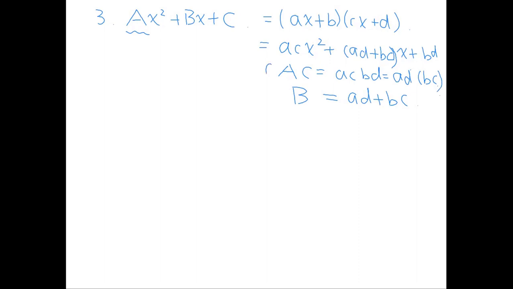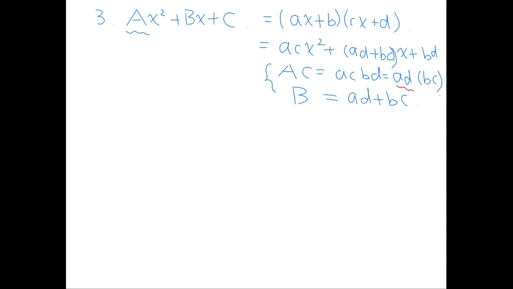So from these two equations, we try to find two numbers. One is AD, the other one is BC. Right? So that means here we want to find two numbers.